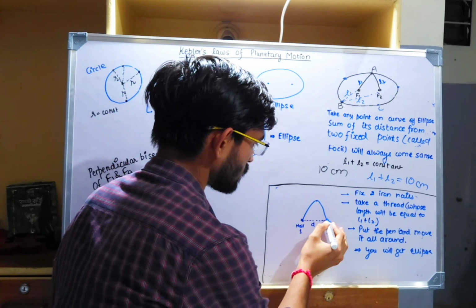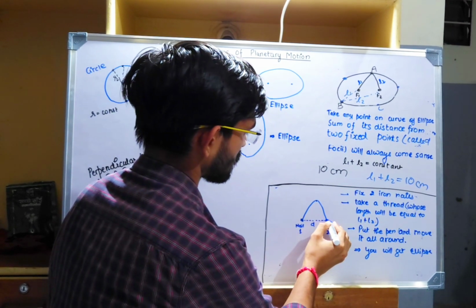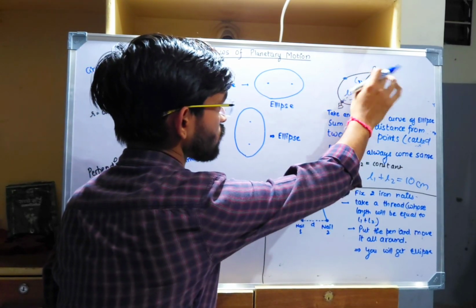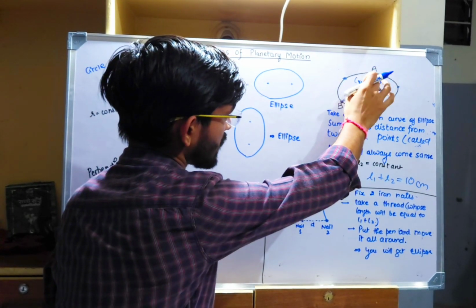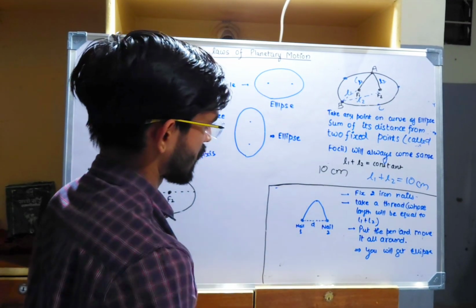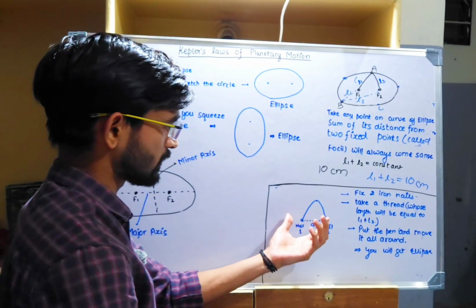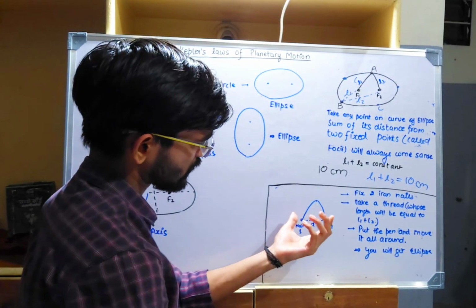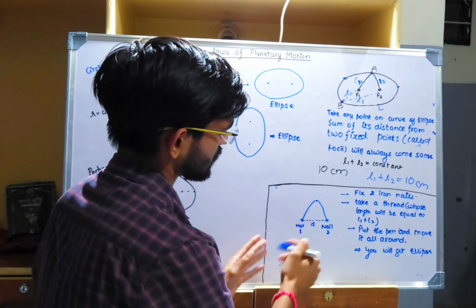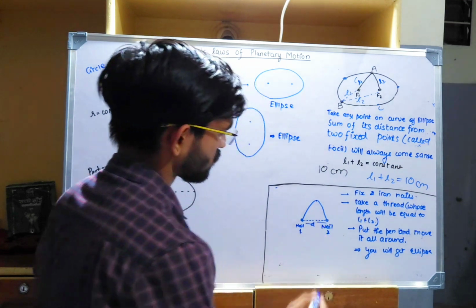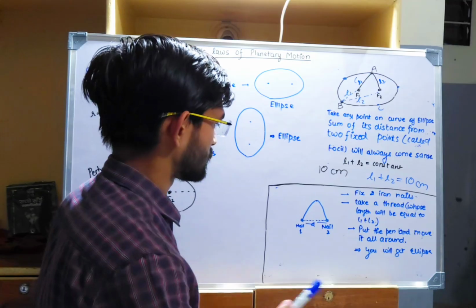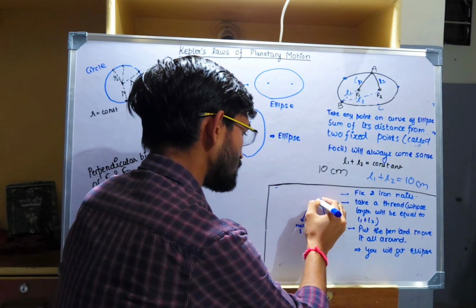Fix two iron nails. Here I told you that L1 plus L2 for any point on an ellipse is constant, and if you take two nails and tie a thread with these two nails, the length of that thread must be greater than the distance between these two nails. Suppose this distance is d, so the length of your thread must be greater than this d, and stretch this thread completely.